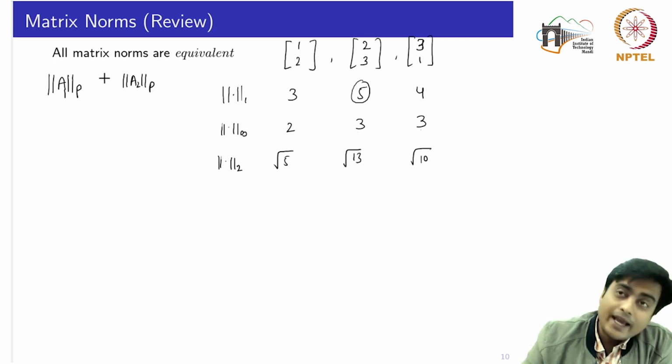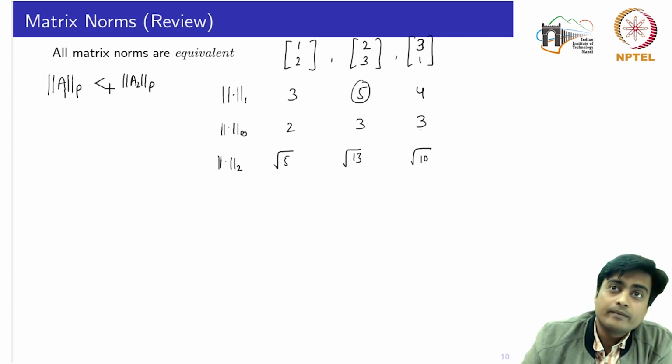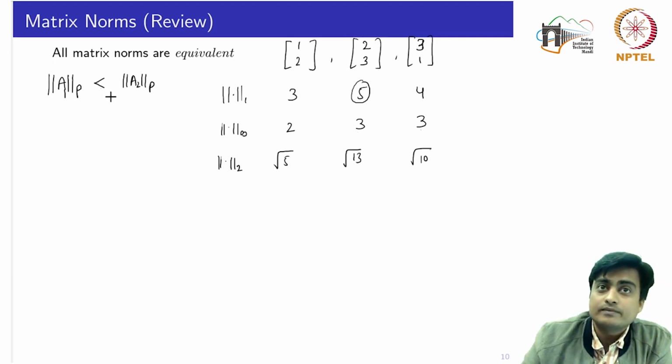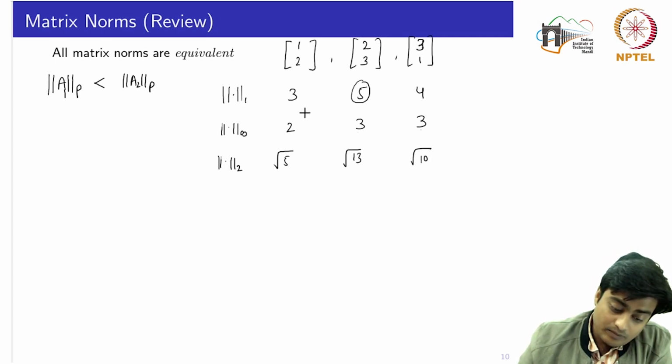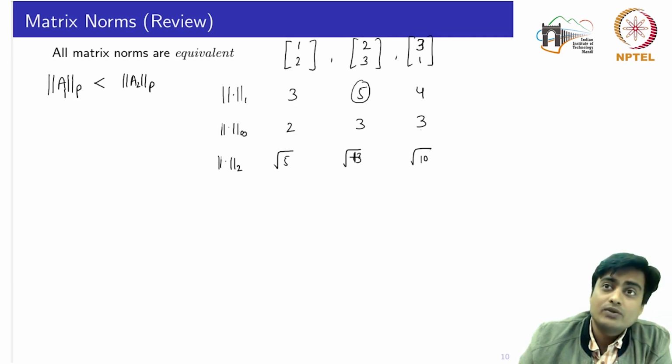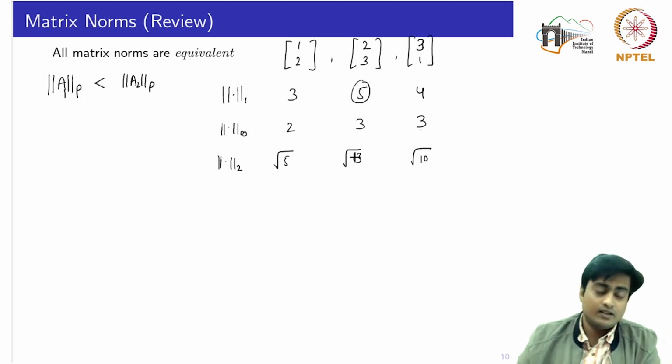Now if for any norm this relationship is satisfied, then for any of the P norm, P from 1 to infinity and the Frobenius norm, this relationship will always hold. Okay, although the value might change, as we have seen in this example here, that for the second vector, the 1 norm, infinity norm and the 2 norm are having different values with respect to the first and the third vector, right?